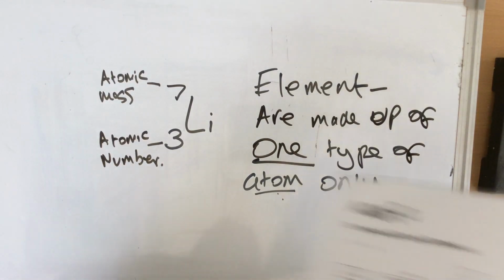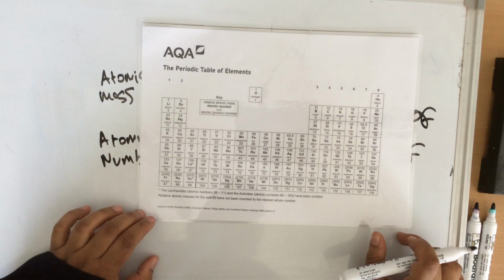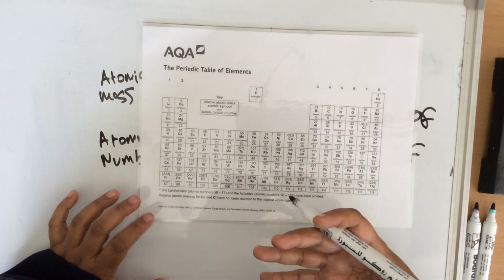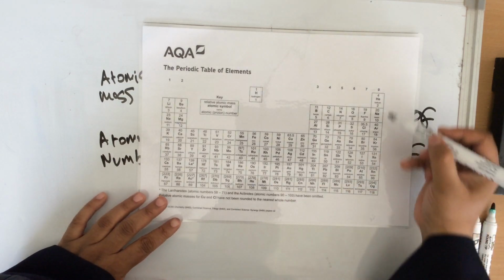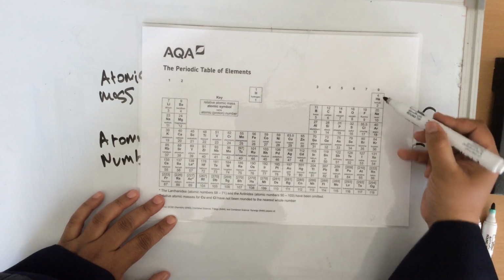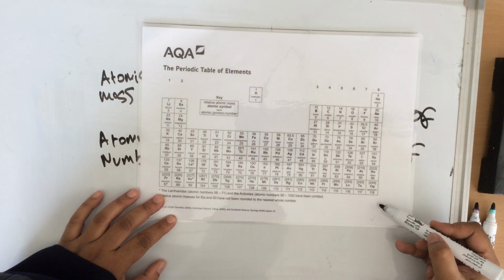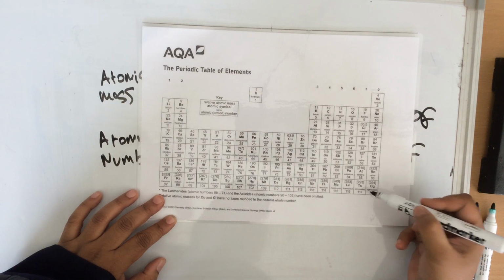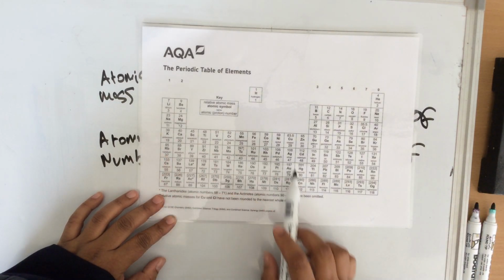Now, if you get yourself a coloured periodic table, you'll find that it will tell you whether elements are a solid, liquid or gas. You'll know that group 0 is all noble gases. Halogens are mainly gases, with one or two being a liquid. And then these are your metals.